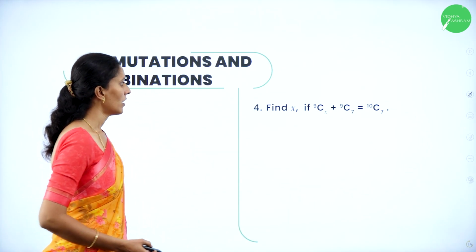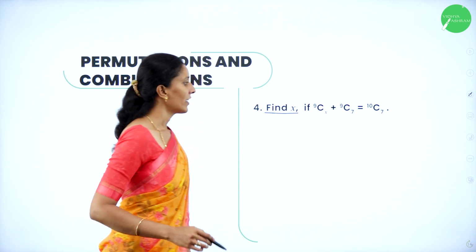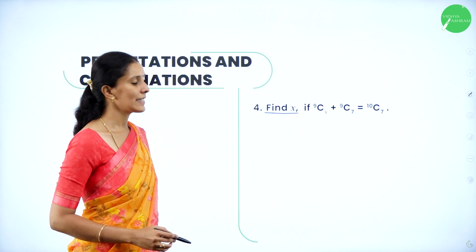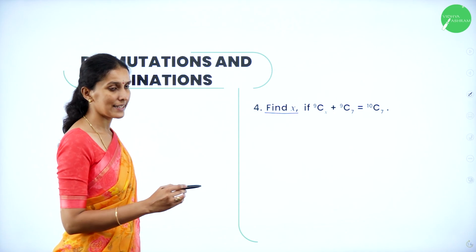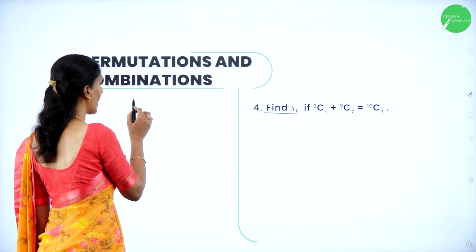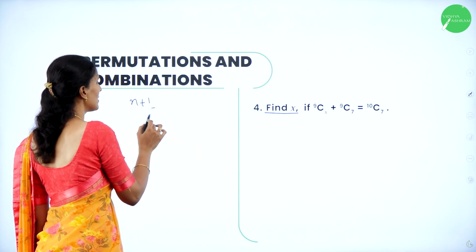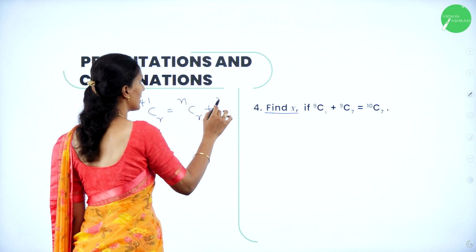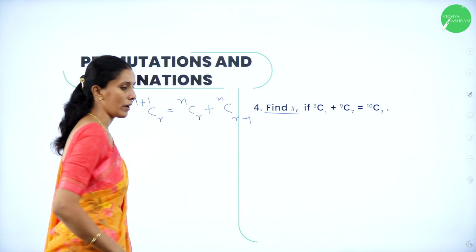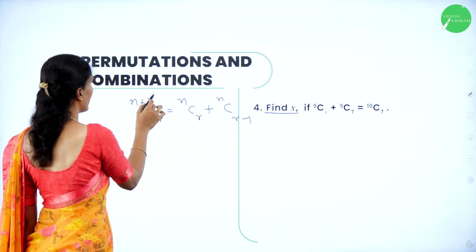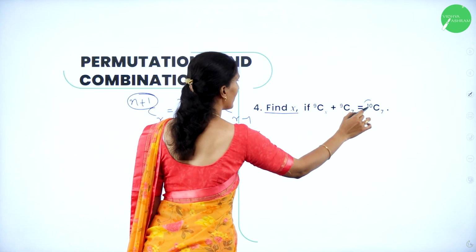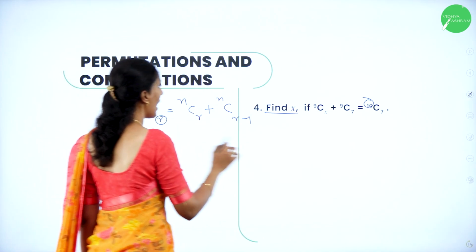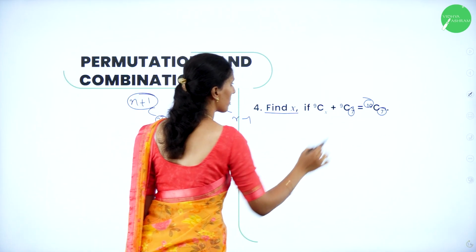Next question: find X if NCX plus NC7 is equal to 10C7. The same formula we are applying here: N plus 1 CR is equal to NCR plus NCR minus 1. In the place of N plus 1 you have 10, and in the place of R you have 7.